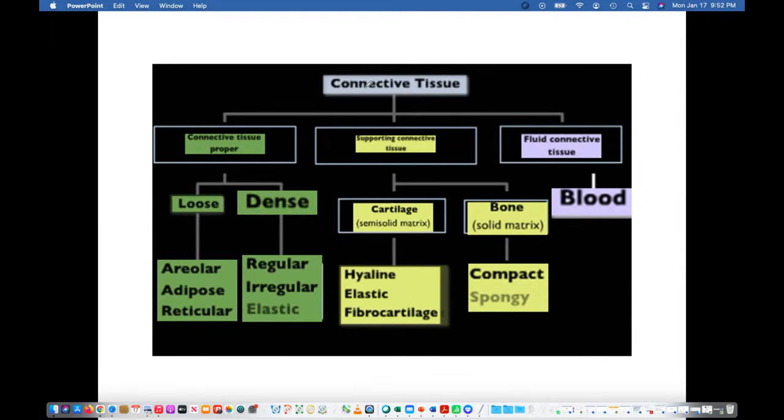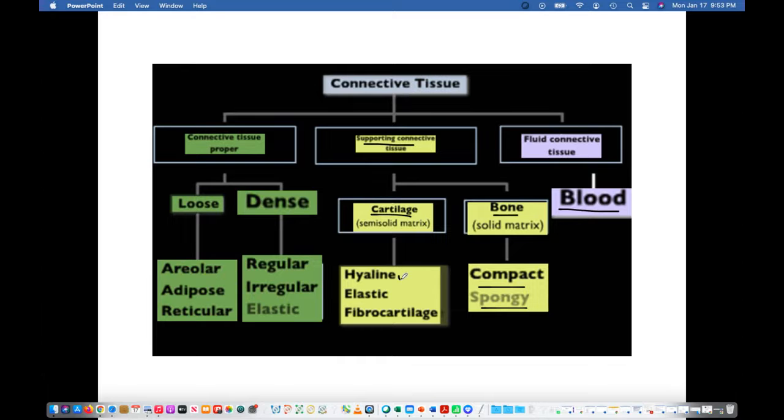So connective tissue is the main category on top, and the three subcategories are connective tissue proper, supporting, and fluid connective tissue. Under fluid, we spoke about blood. Under supporting connective tissue, we had cartilage and bone. Under bone, we had compact bone and spongy bone.